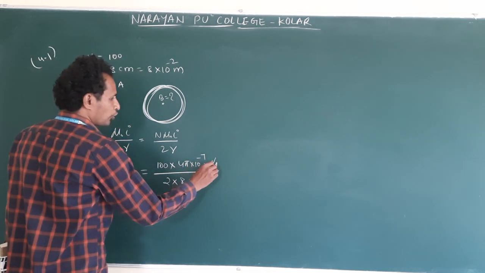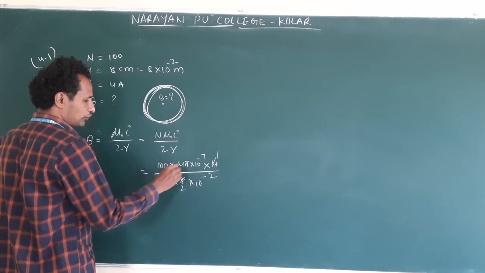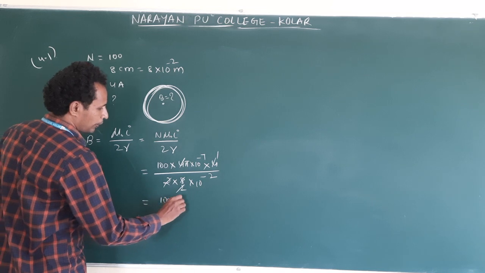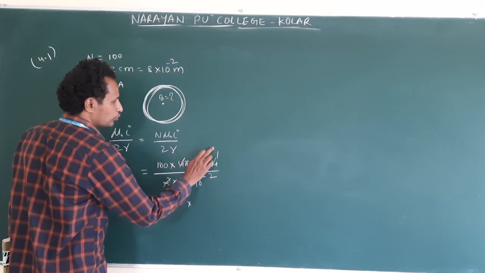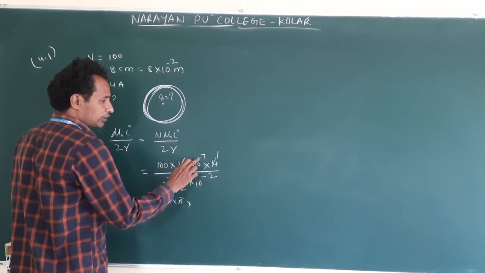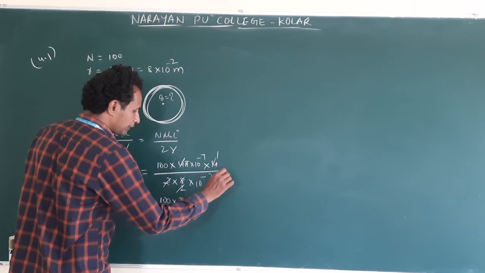4 ones, 4 twos. 2 into 2, 4. This 4 will be cancelled. 100 into pi, 10 power minus 2 goes up. It will be minus 7 plus 2, minus 5.